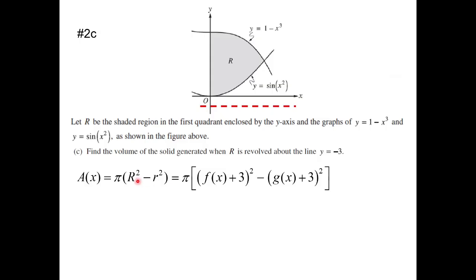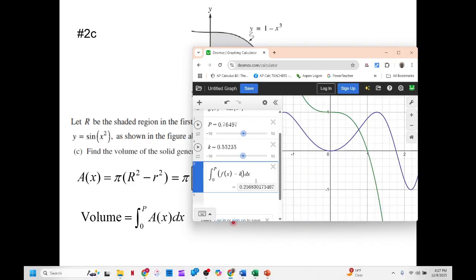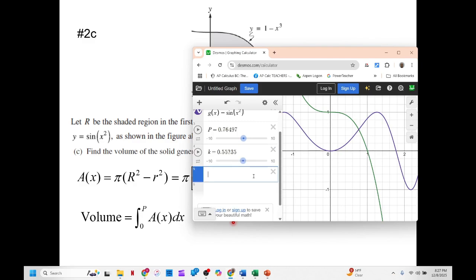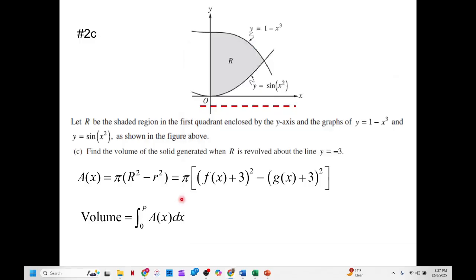So at some point I'm going to put this area formula in my calculator, and then I'm going to integrate that from 0 to p. So 0 to p integral of A of x dx. Let's go to the calculator and actually do that. Let me get rid of this integral here. I don't need k actually, but let me write down A of x equals pi, parentheses, and what's in this parentheses?